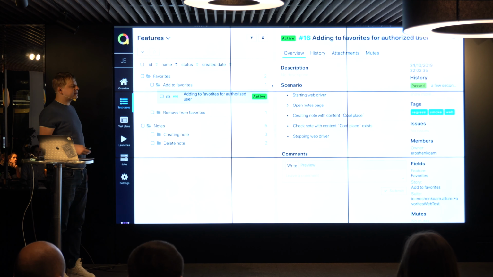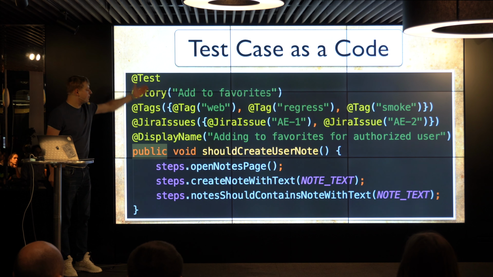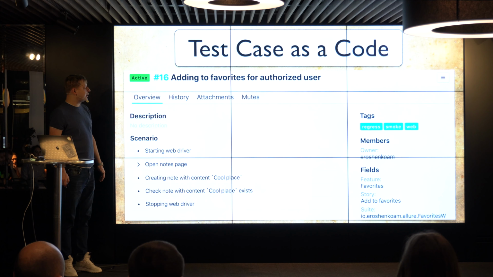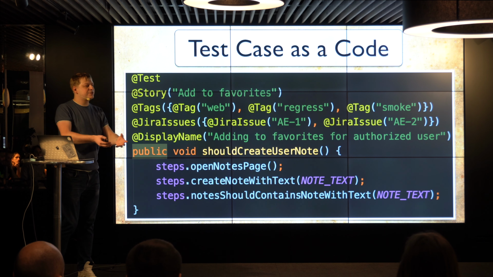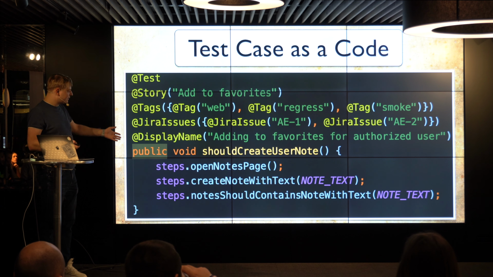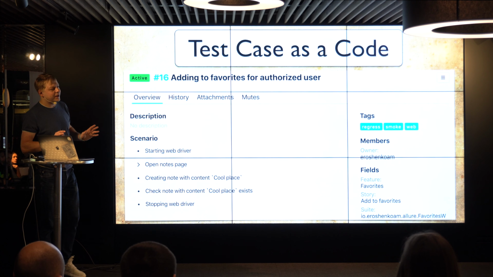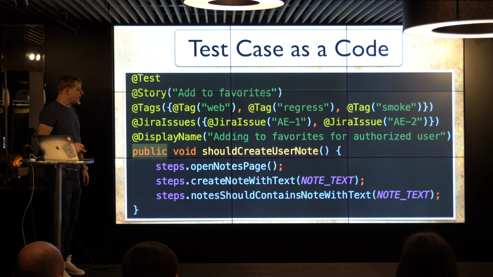So we see this test case, and it's equal to this code, and it's automation first. So you just need to write tests in the code, and we generate test documentation for you automatically.